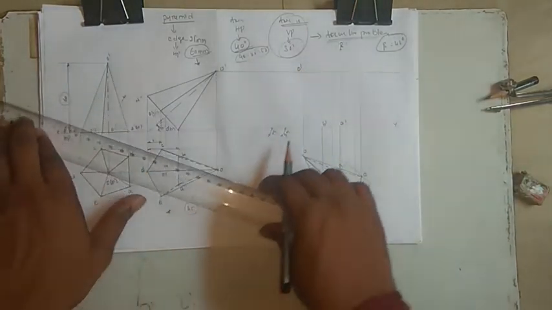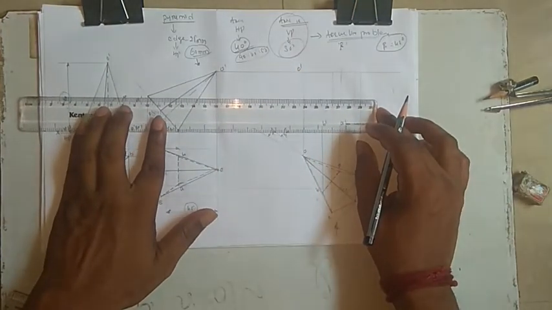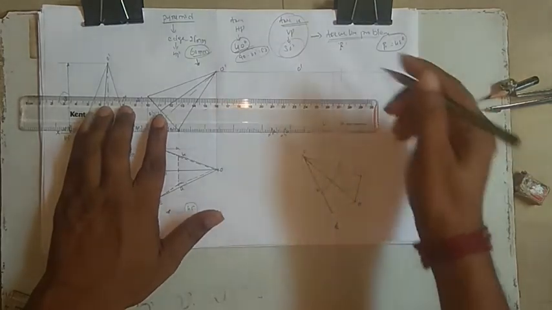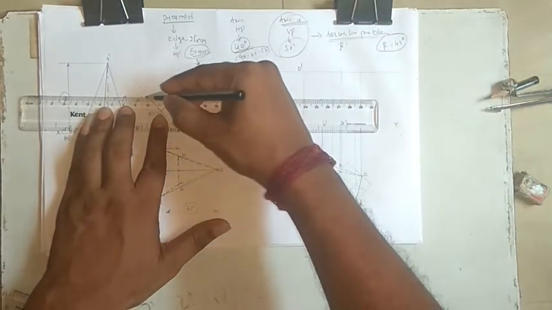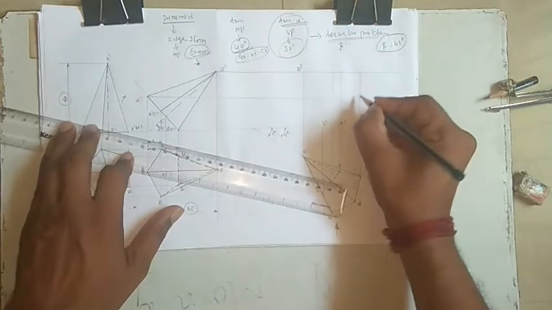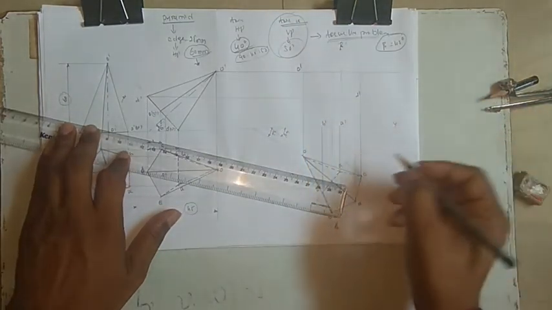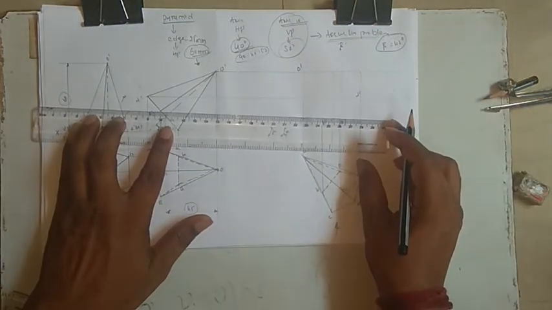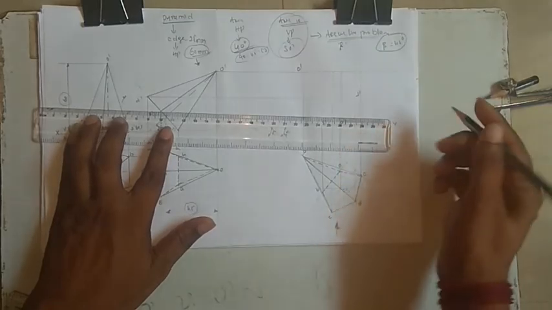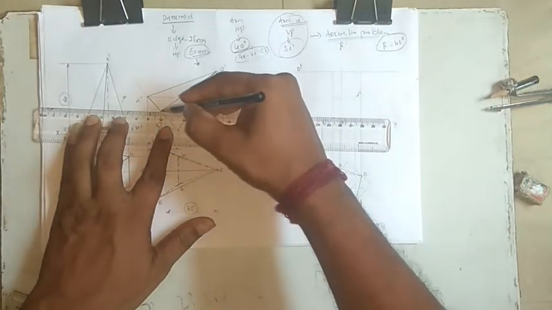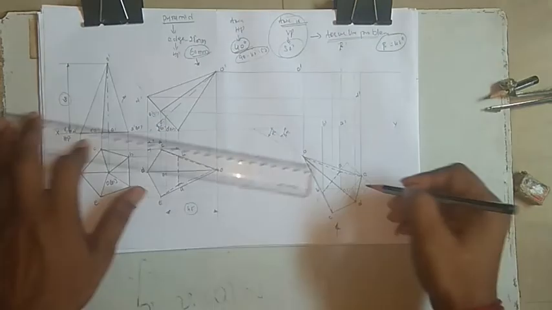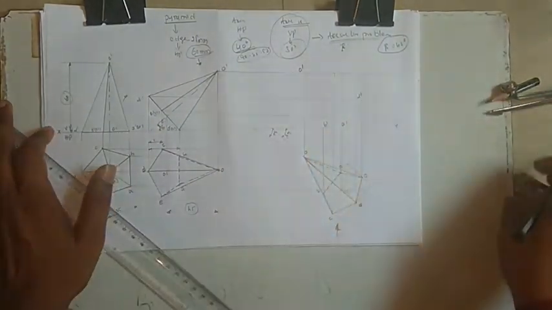Then we'll take the horizontal projection. So we have a D, so D point is here, so you just stop it here. So this is our D dash. Then we have a E and a C. Last line, so we have E here.